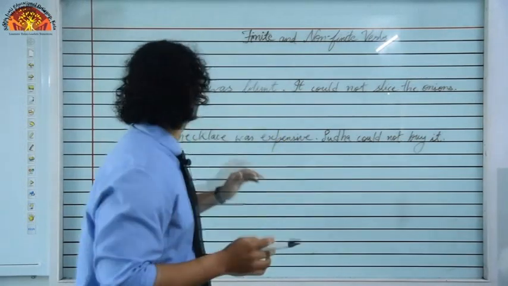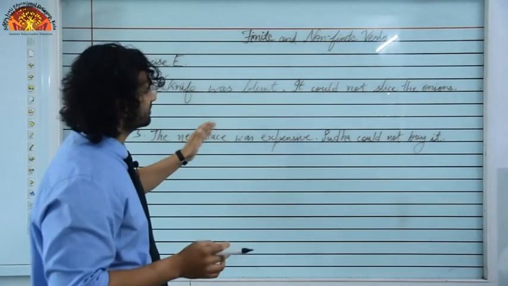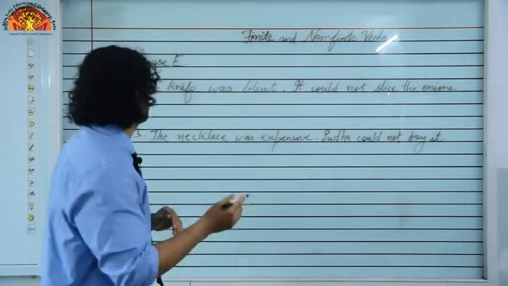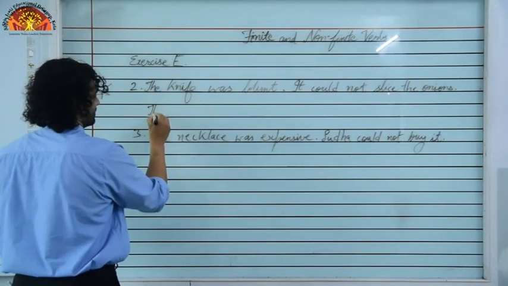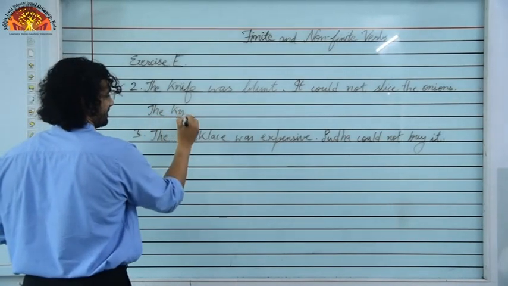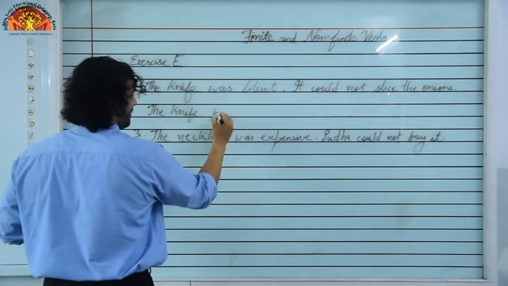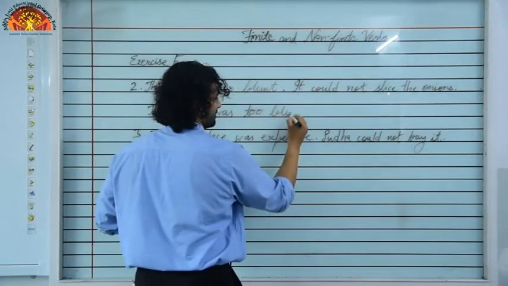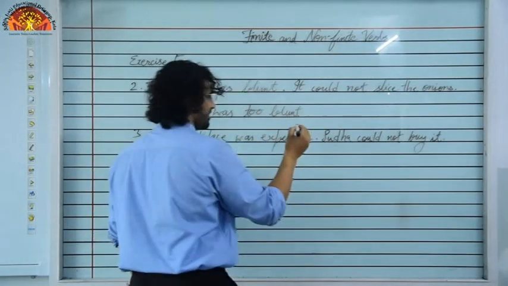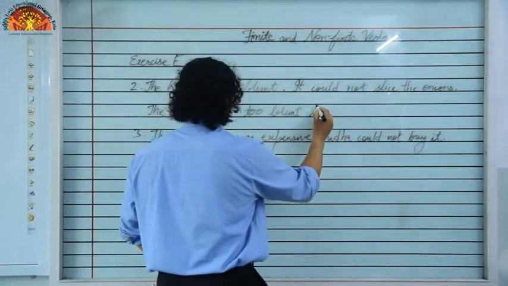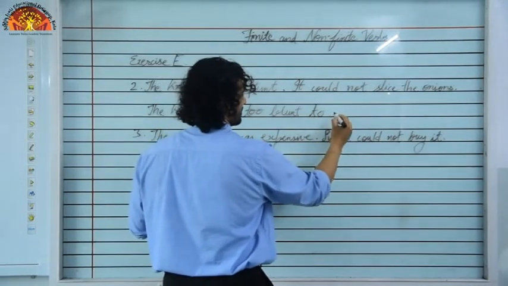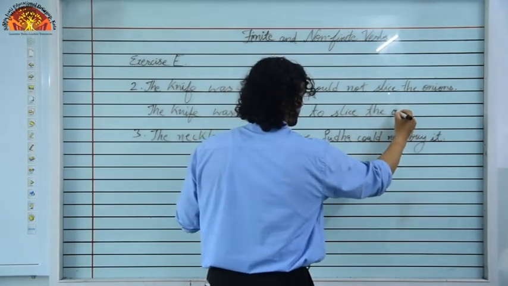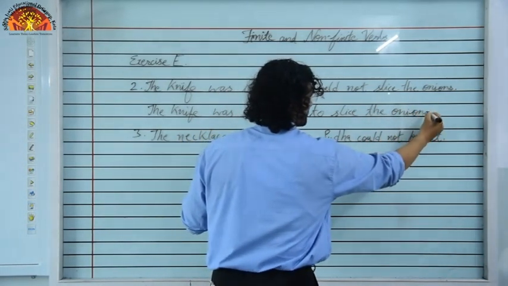Let's learn. The knife was blunt, it could not slice the onions. We are going to do something like this: The knife was too blunt, which means the knife was not sharp, to slice the onions.